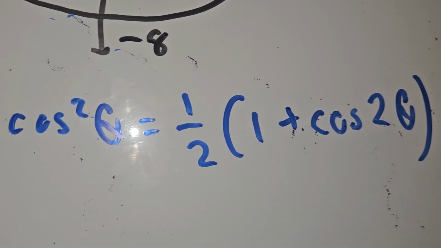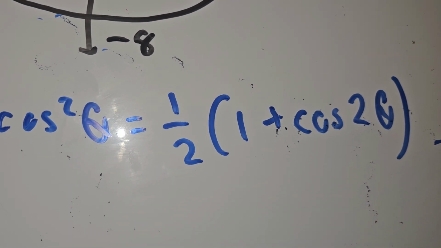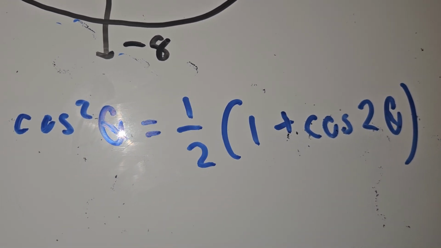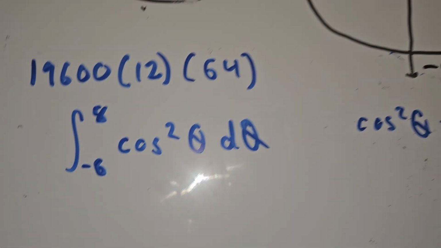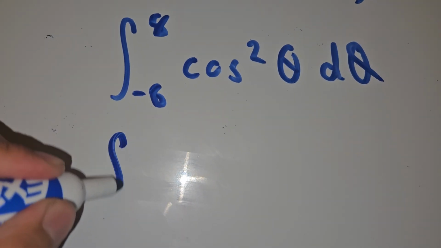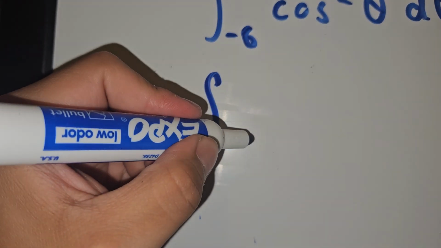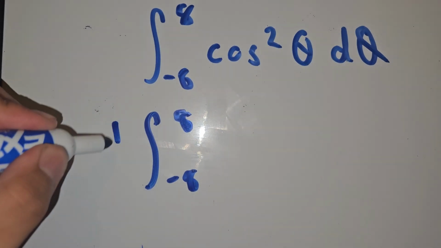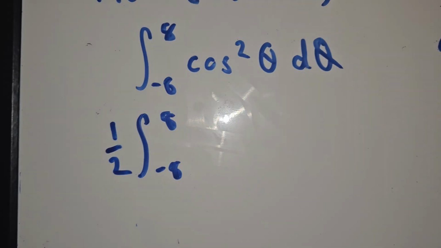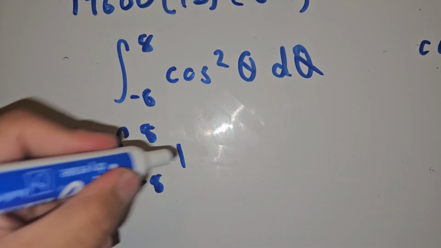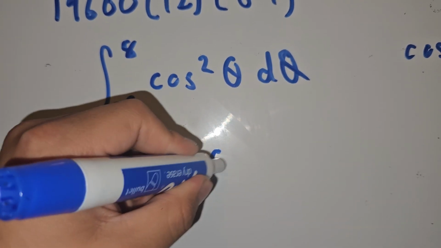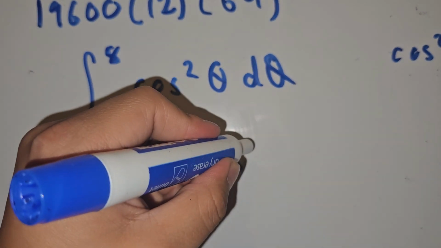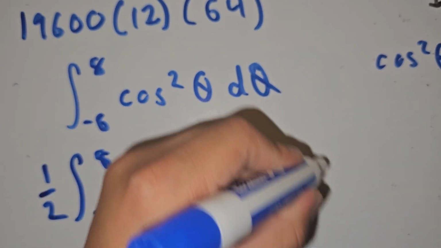Actually, no. Let's not distribute the negative. Let's rewrite this as -8 to 8. Let's pull out the 1/2. And now we're left with 1 plus cosine 2 theta d theta.